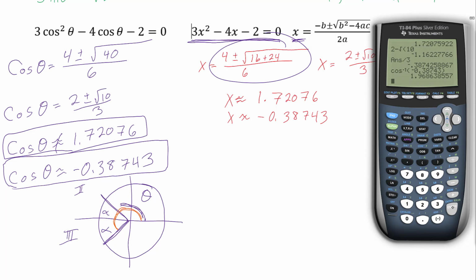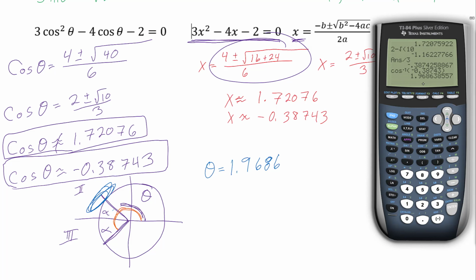Again, round to whatever decimal place you're indicated to do so in the problem. We'll say that this is 1.9686, I think it's probably 4 places. Alright, and that's this angle over here.